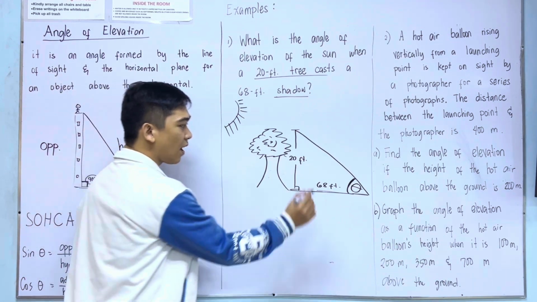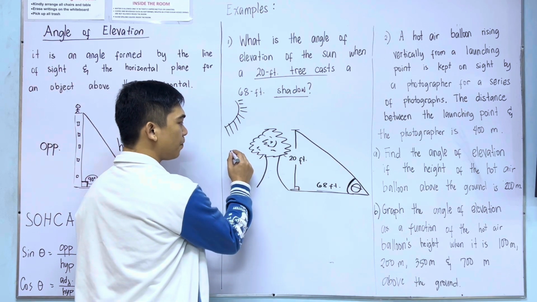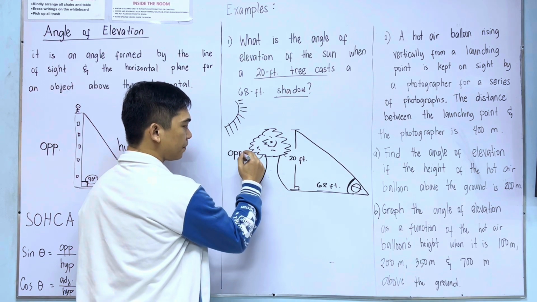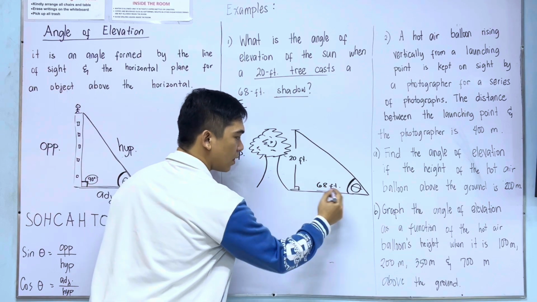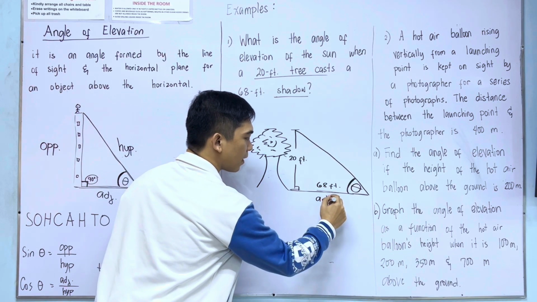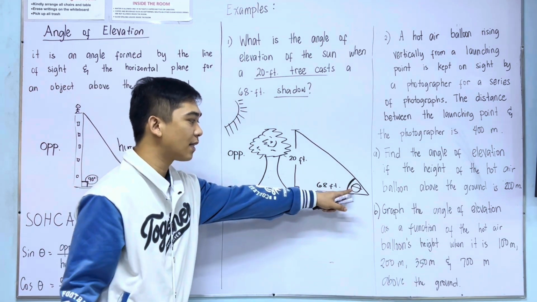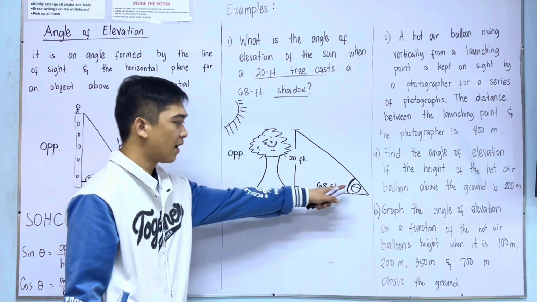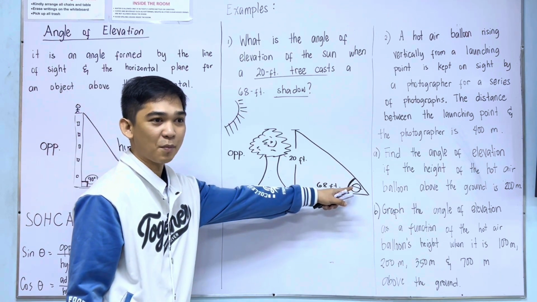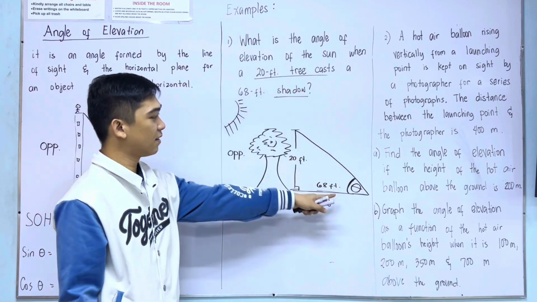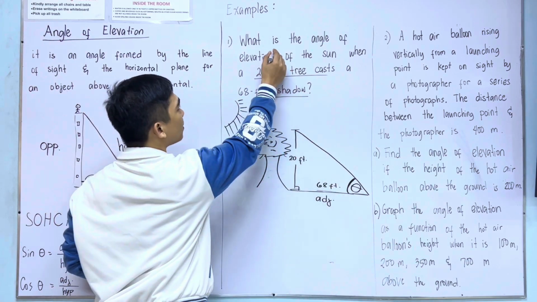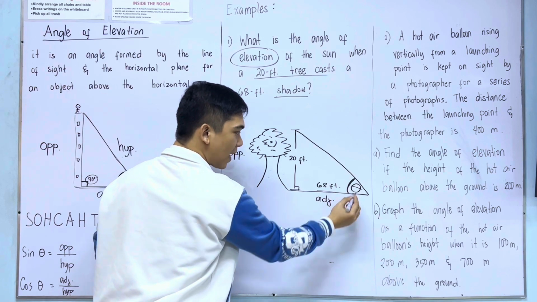Let's name the given. Ano ngayon si 20 feet? Siya si opposite. Tanong natin, what is the angle of elevation? So ito yung hinahanap natin.